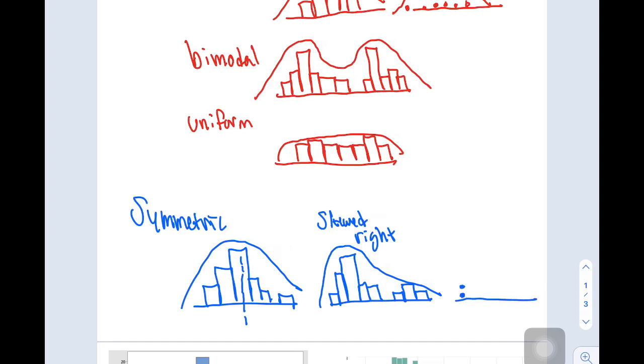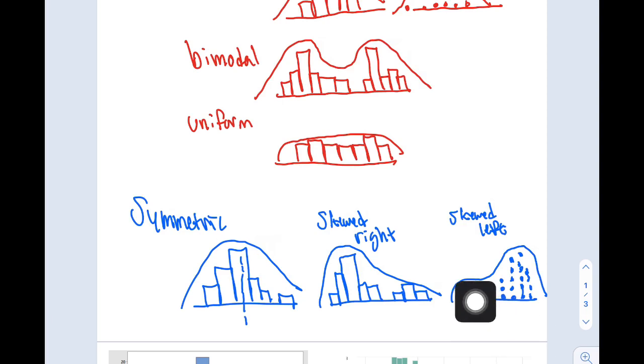And I'll draw a dot plot for the last one. So the dot plot here, we can see that this one is more skewed left. Wherever you see these unusual data, that's which direction it's skewed.